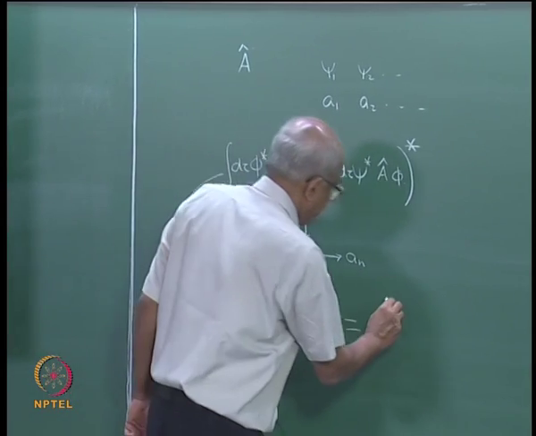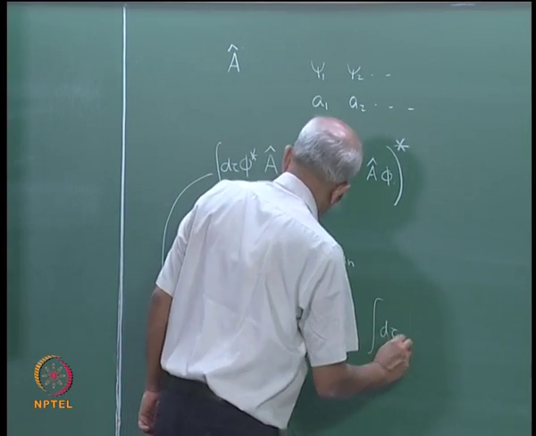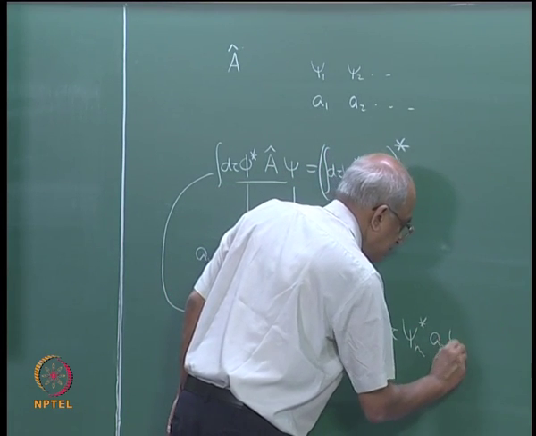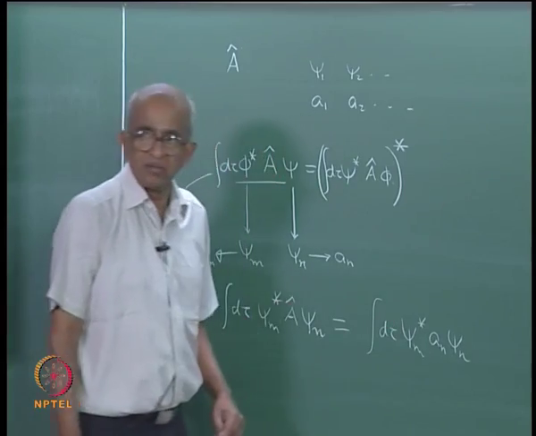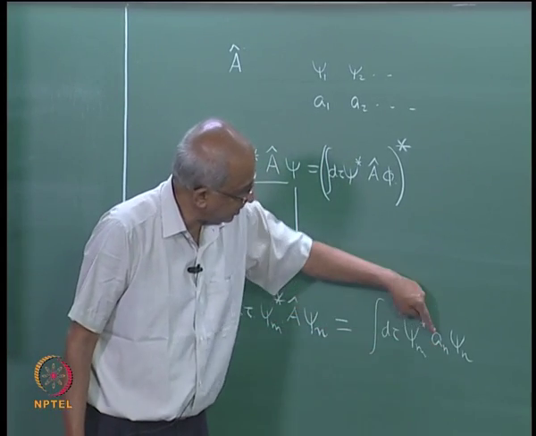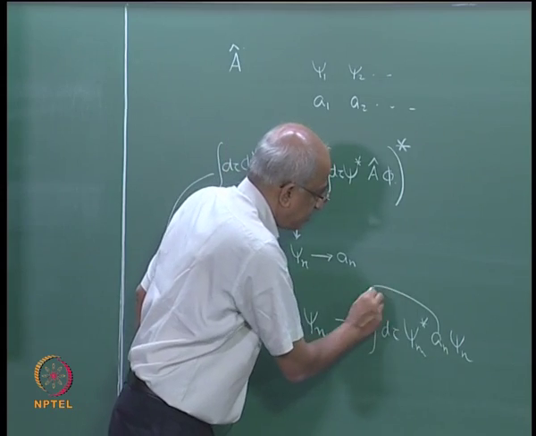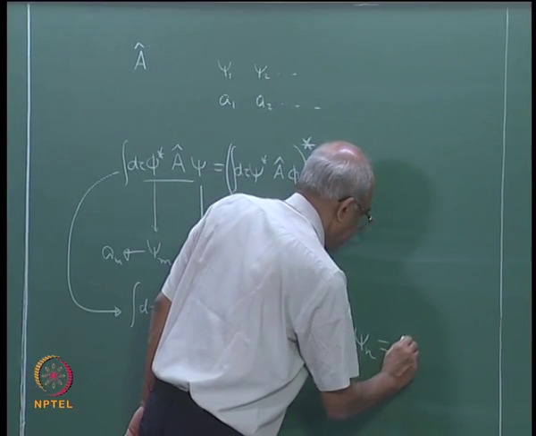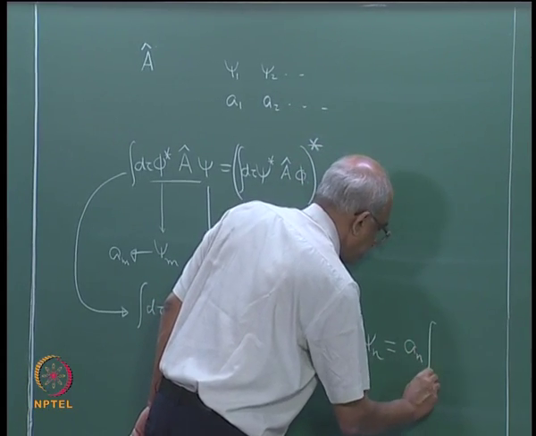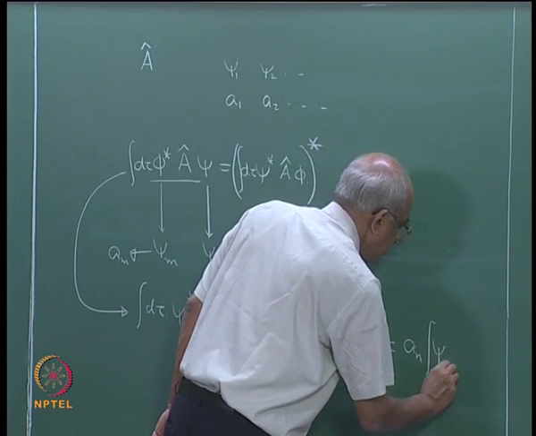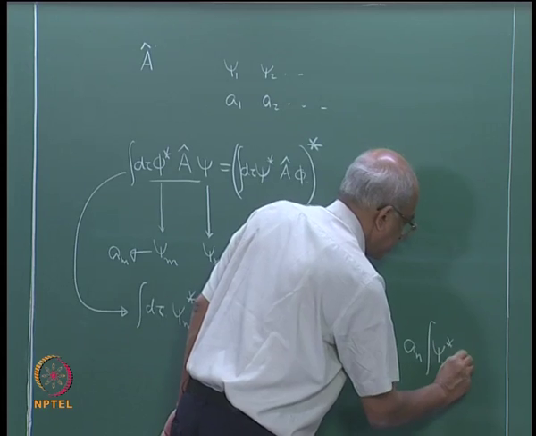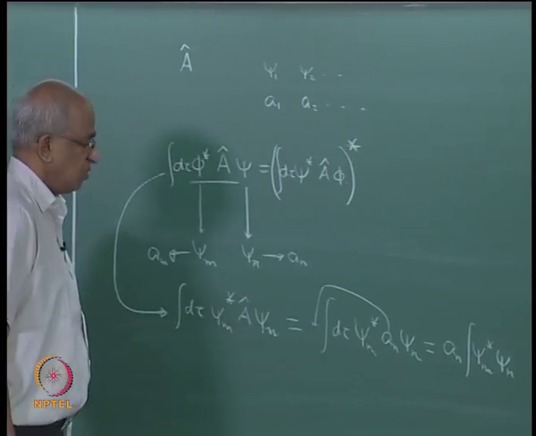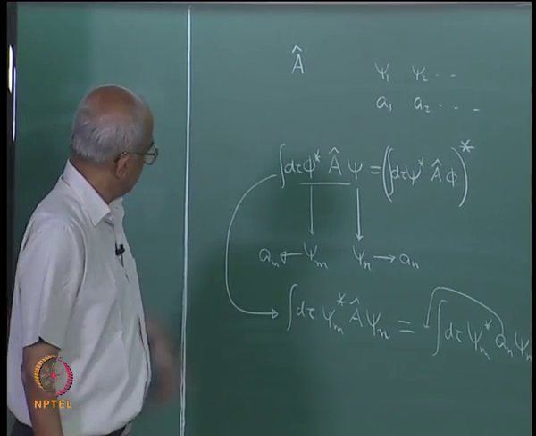So, this will become the integral d tau psi m star a n psi n, but a n is just a number, so I can move it out of the integral. So, this will become a n multiplied by the integral of psi m star psi n. So, that is the left hand side.